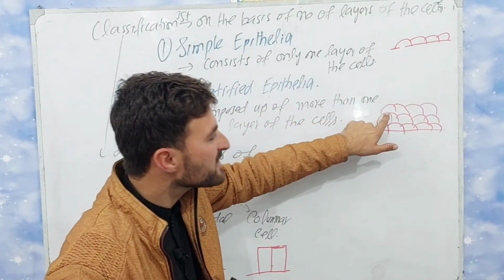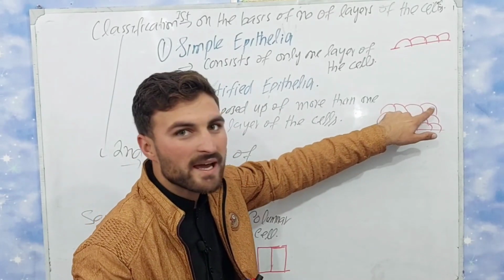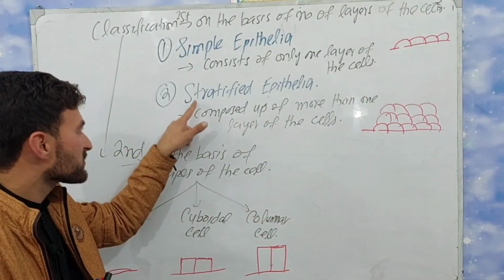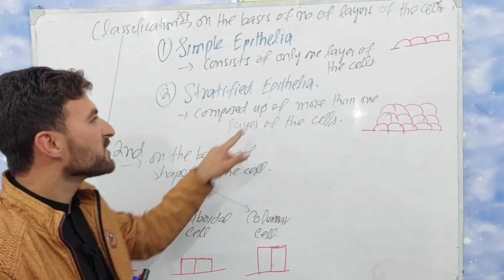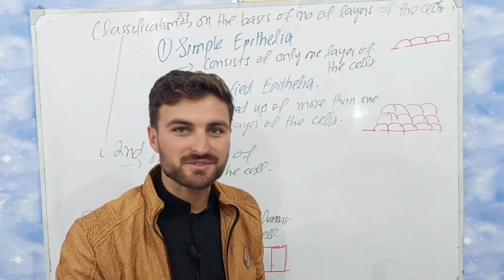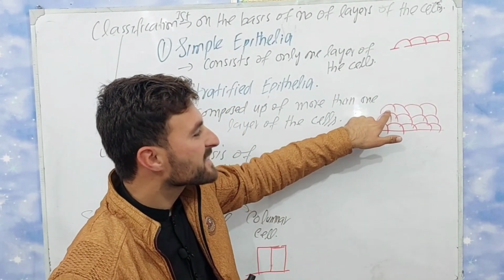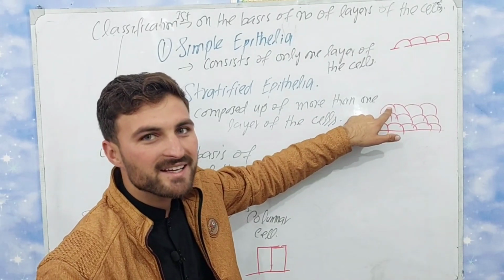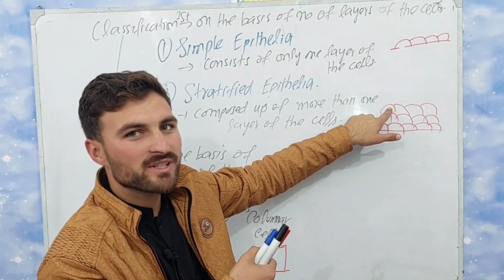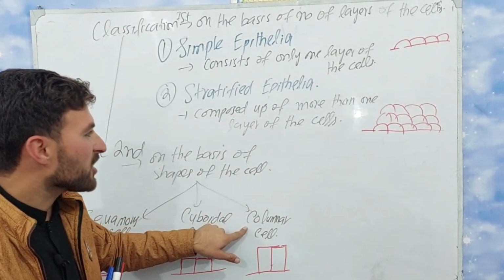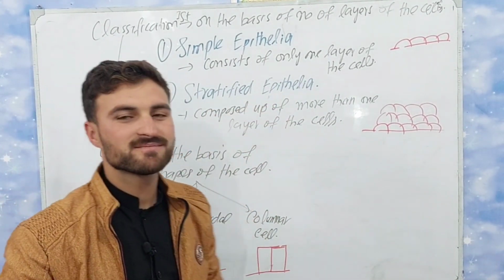Let's suppose these cells look like cubes, then we will call it stratified cuboidal epithelia. And if these cells look like columns, with their height more than the width, we will call it stratified columnar epithelia.